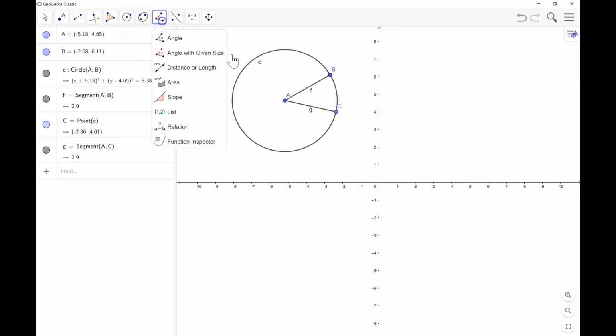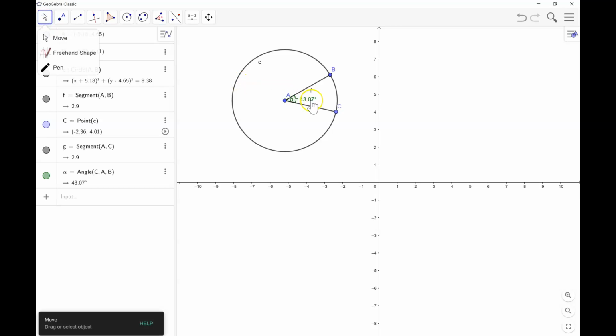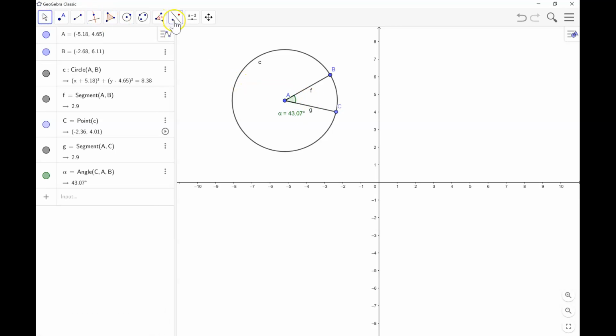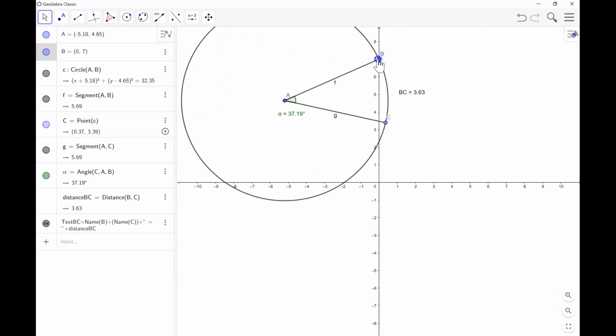Let's put an angle measure onto that. And let's put an arc length measure onto that. And what I'm going to do is change the size of this circle, but keep the angle measure the same, and watch what happens here.